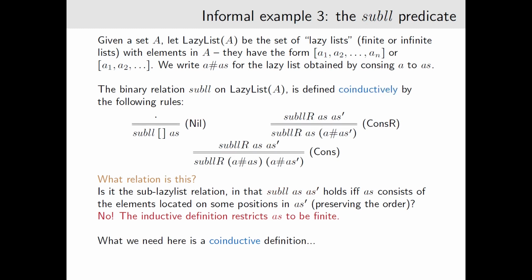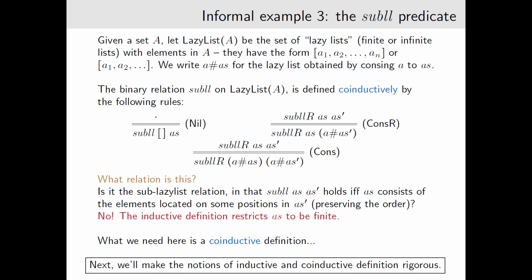Just as a warning sign, when you see double fraction lines, that typically means the coinductive definition. When you say this is defined by the following rules, it typically means inductive, but if you see these double lines, it means coinductive. What I prefer is to write explicitly inductive or coinductive, rather than deal with traffic signs like this.